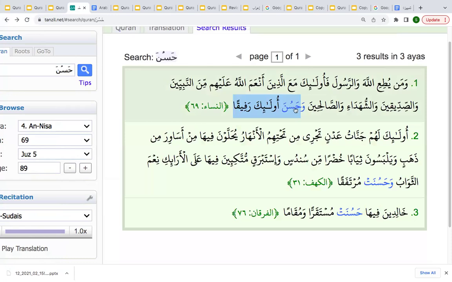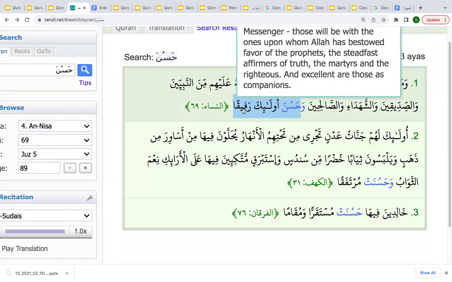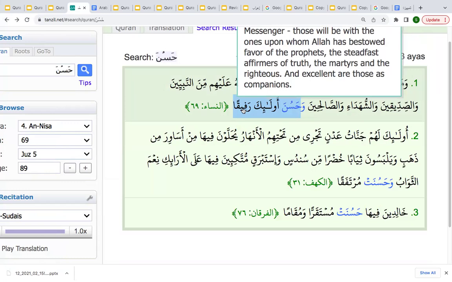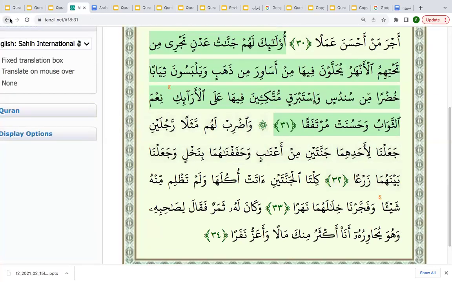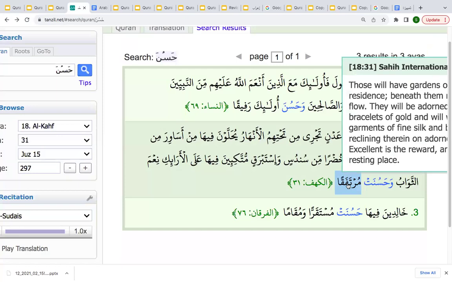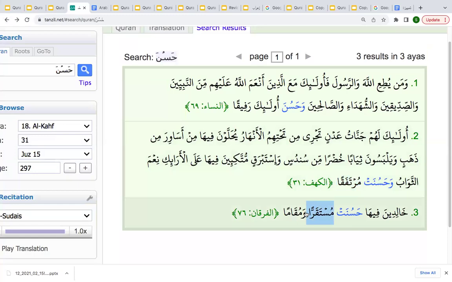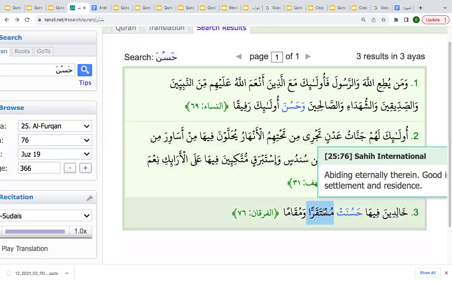Rafiqa is how good those people are as companions. So in what sense are they good? They are good as friends. So rafiqa is going to be tamyiz for this word. Hasunat murtafaqa: how good it is as a resting place. So murtafaqa is going to be tamyiz. Hasunat mustaqarran wa muqama. Again, mustaqarran wa muqama can be labeled as tamyiz for hasunat.